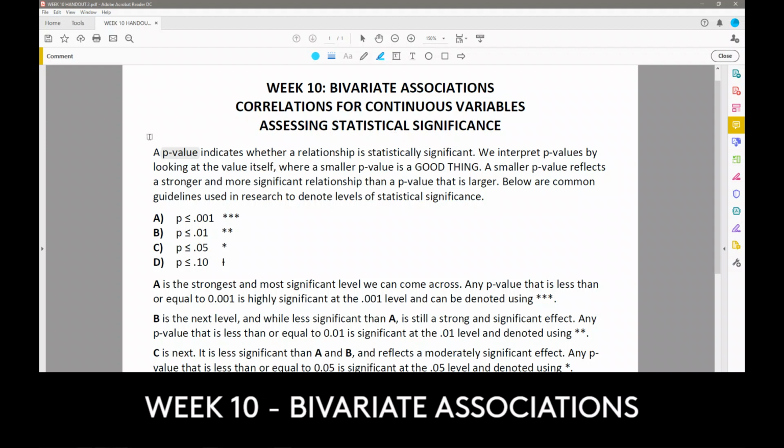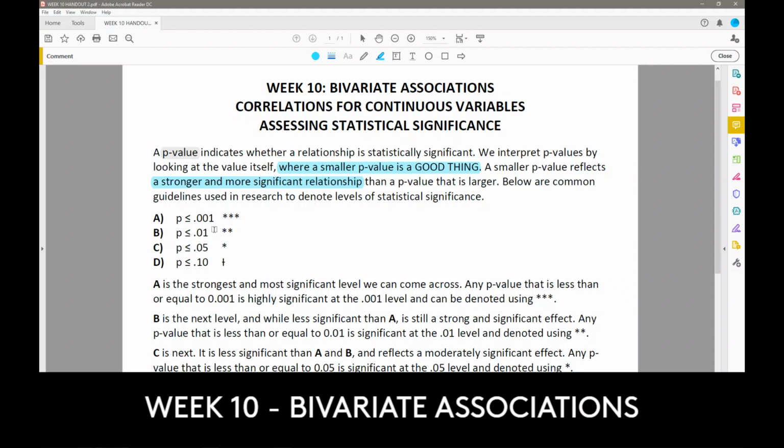So when we are interpreting a p-value, okay, what we want is a small p-value, okay? A smaller p-value is a good thing, okay? A small p-value reflects a stronger and more significant relationship than a p-value that is larger, okay?